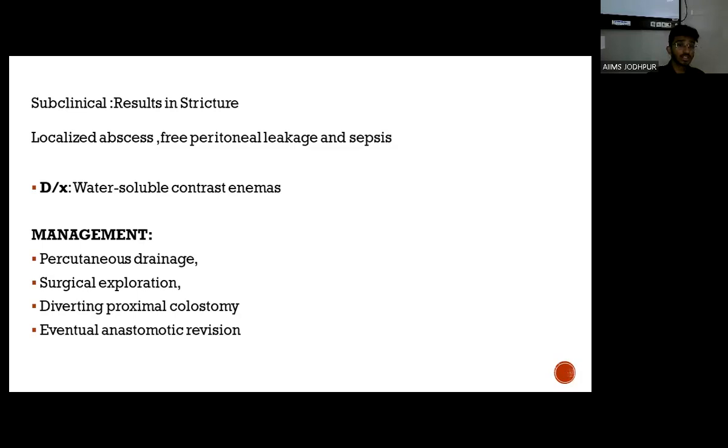Diagnosis is through water-soluble contrast enemas. Management of a leak is generally required: we can do a percutaneous drainage, surgical exploration may be required, there may also be a need for a diverting proximal colostomy, or eventually an anastomotic revision may be required.